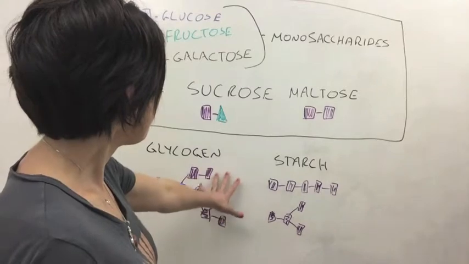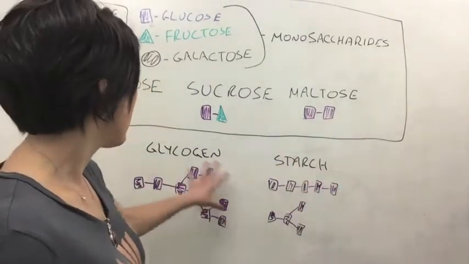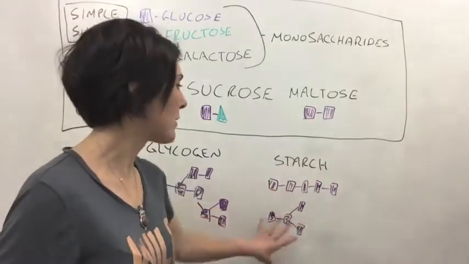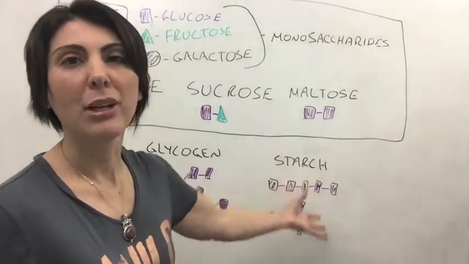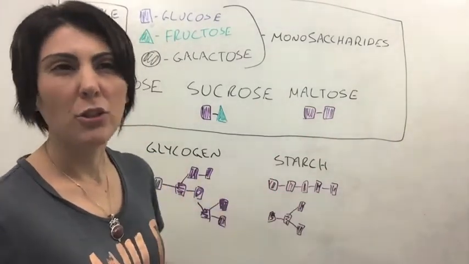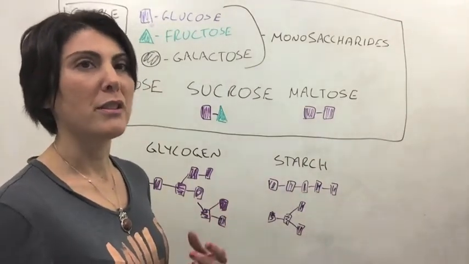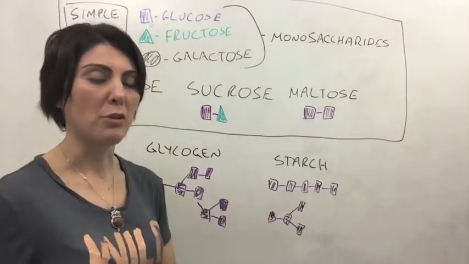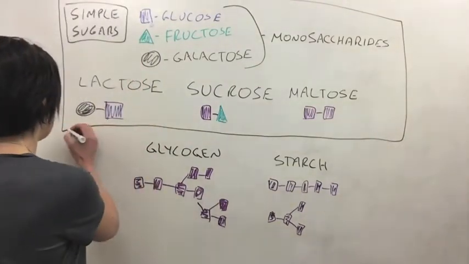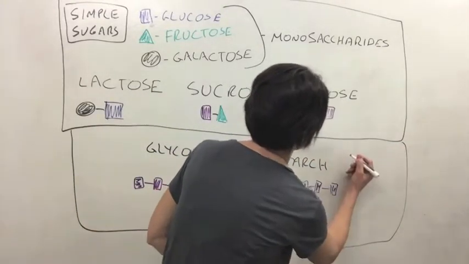These are the ones that we want to eat more of. Meat has glycogen, but in particular we want to eat more of the plant-based ones, like quinoa, brown rice, lentils, those types of things that require digestion, that slows the process of the food as it goes through your gastrointestinal tract. Okay, so these are complex carbohydrates.